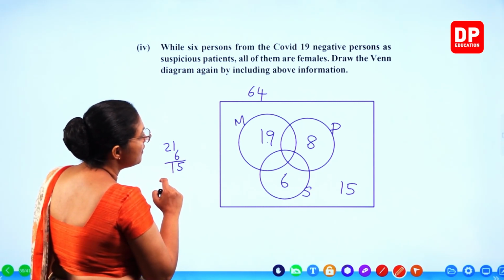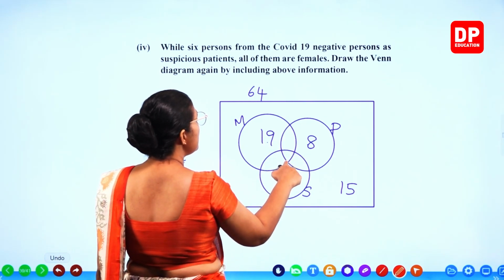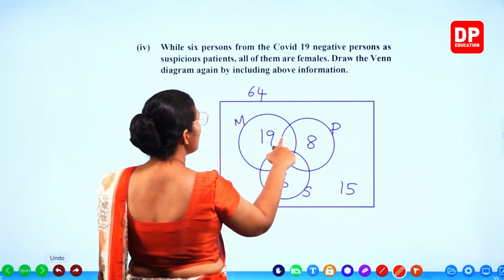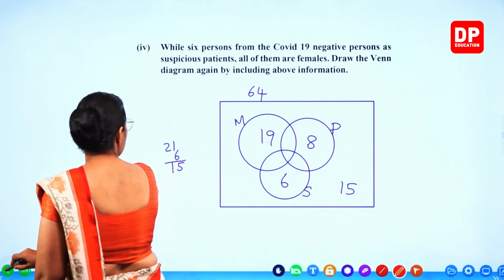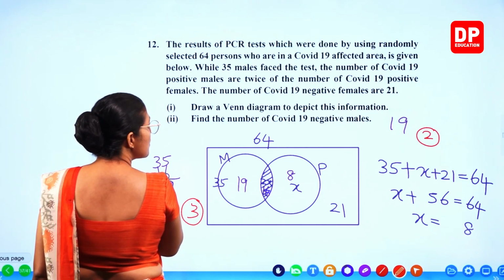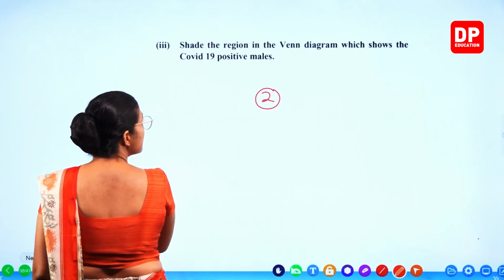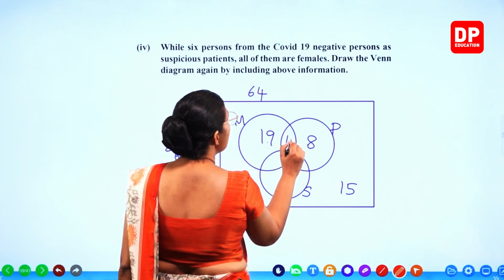Now what are the other values? So what is the intersection between these two? We found before 2x and x. Let's see, it's 2x. So 8 times 2, 16. 16 is here. So this is separately 16.